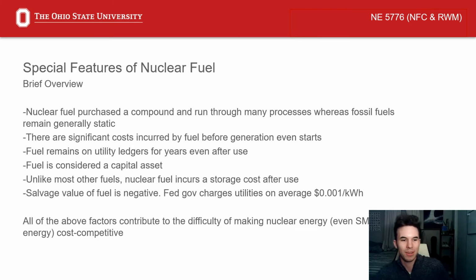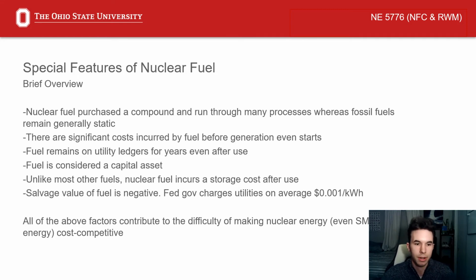Anyways, okay. Getting into the special features of nuclear fuel, there are some important things to keep in mind. Nuclear fuel is always purchased as a compound, right? It's run through multiple processes, enrichment, conversion, storage, and that's all before electricity generation takes place, whereas fossil fuels remain generally static.